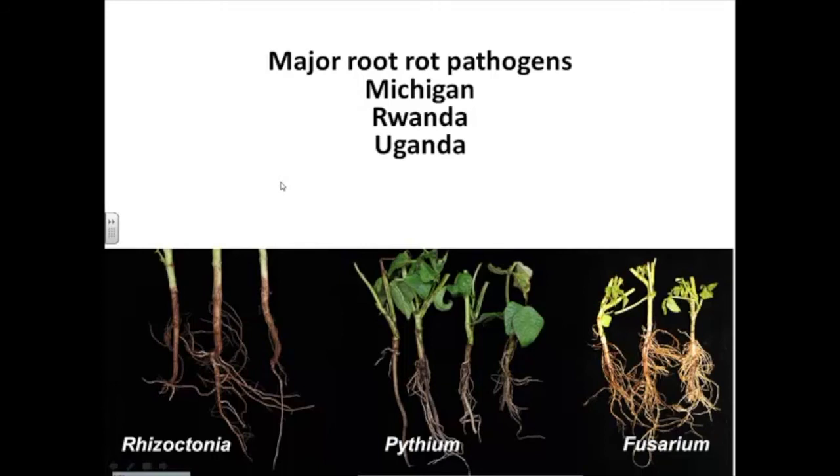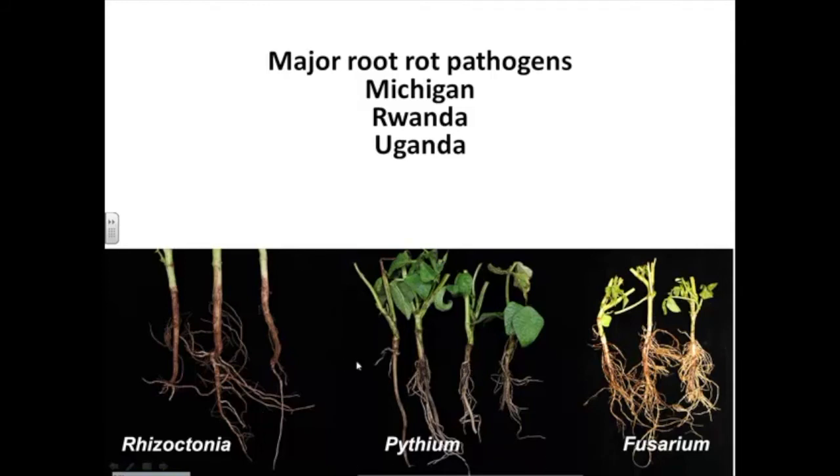In the context of this project, Martin conducted a survey in Michigan, Rwanda, and Uganda, collecting isolates that were causing root diseases in the field. And so what he was seeing was a lot of Rhizoctonia, Pythiums, and Fusariums. Okay, so 2 true fungi and then 1 oomycete.